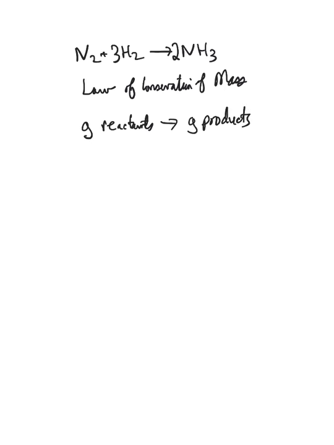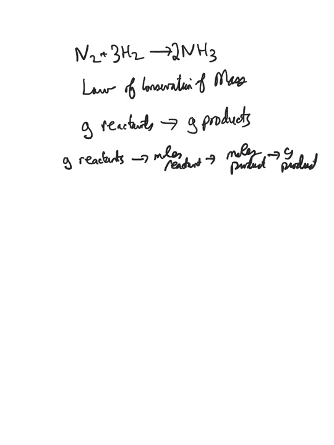But we can't do that directly. What we have to do is go from grams of reactant to moles of reactant to moles of product to grams of product. So through all of these, we're going to be doing these steps.